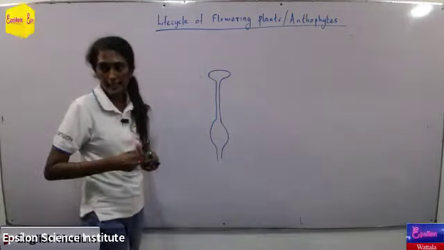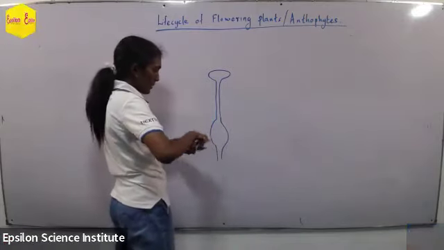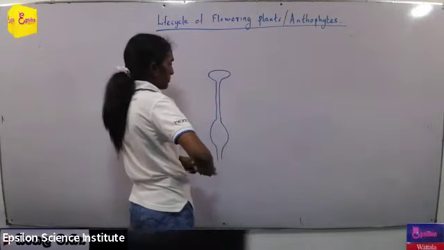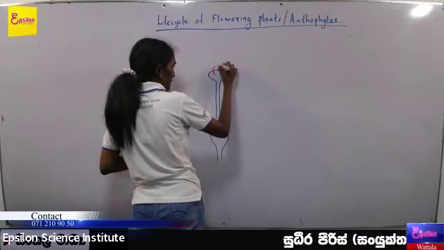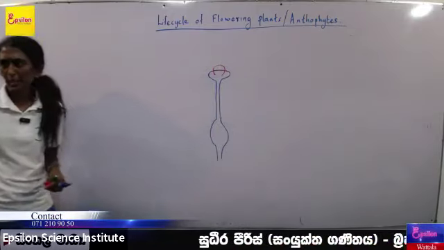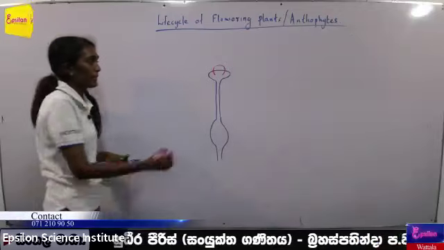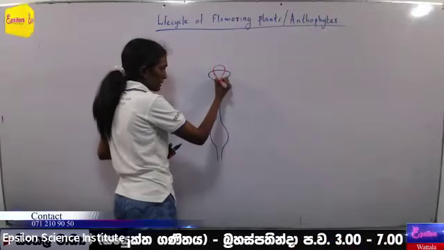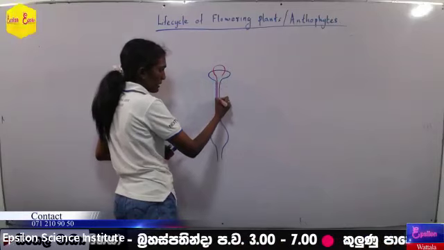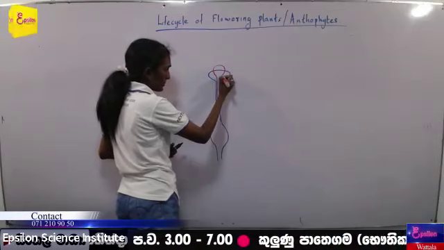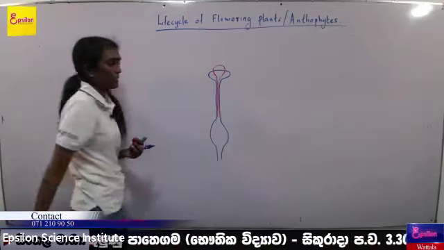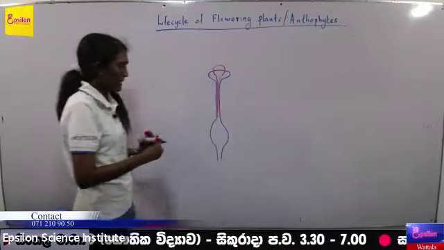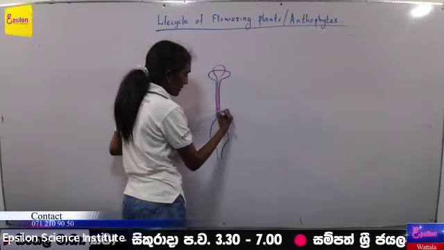So now pollen is on the stigma of the flower. That pollination has occurred, right? So pollen is here. Now the pollen is growing a pollen tube along the style, right? When it is going, it has two nuclei.